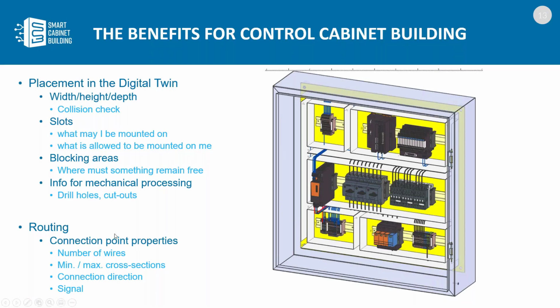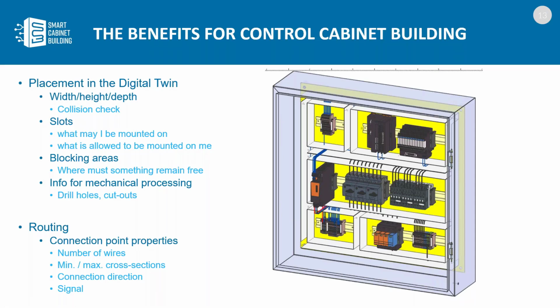And for the routing, this is necessary for doing the wires. It helps that you need, for every connect point, how many wires can be connected on this pin, which is the minimum and the maximum cross sections of these wires.